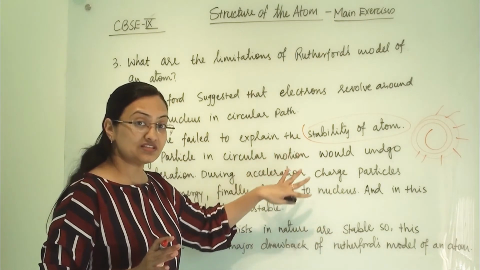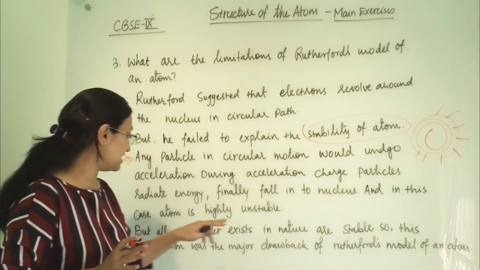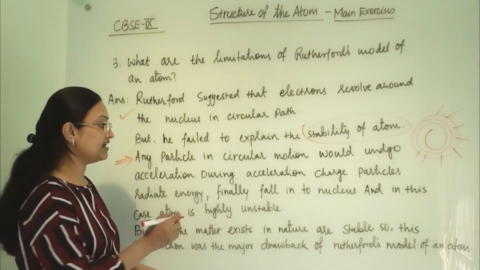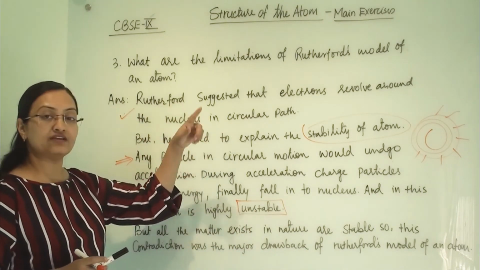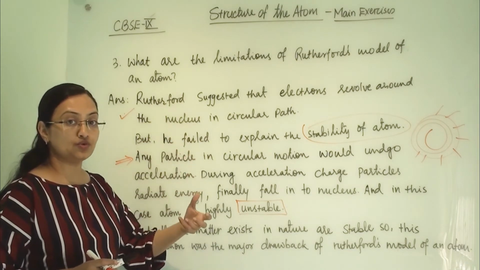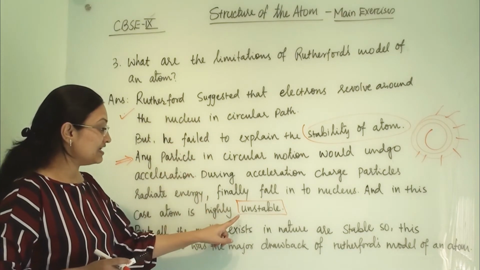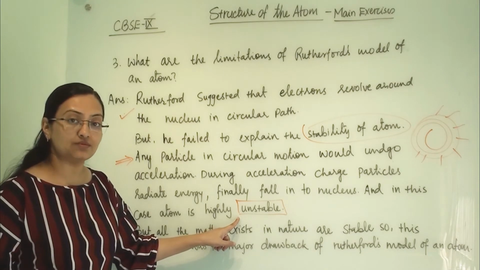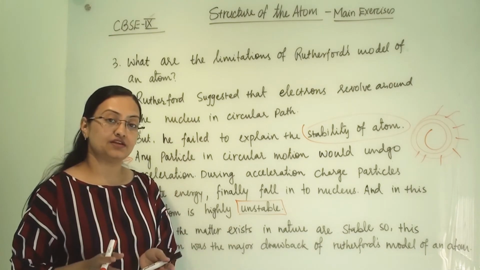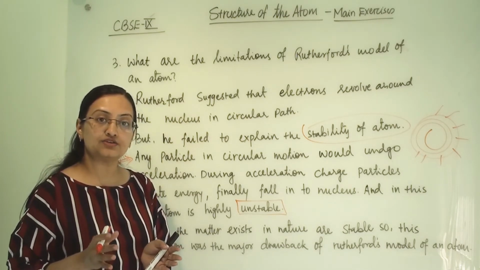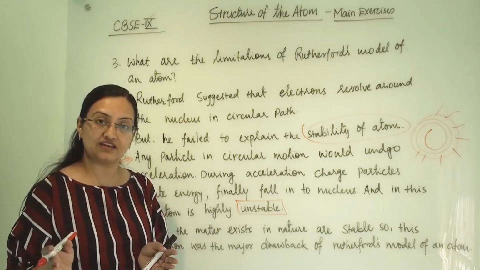In this case the atom is highly unstable. If electrons are revolving around the nucleus as he suggested, the atom should be highly unstable, because under circular motion they have acceleration and start radiating energy.